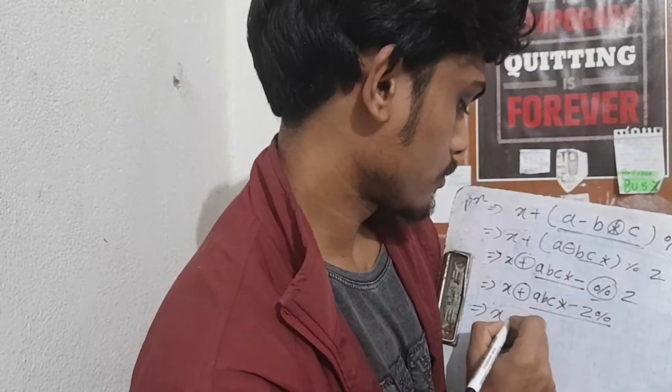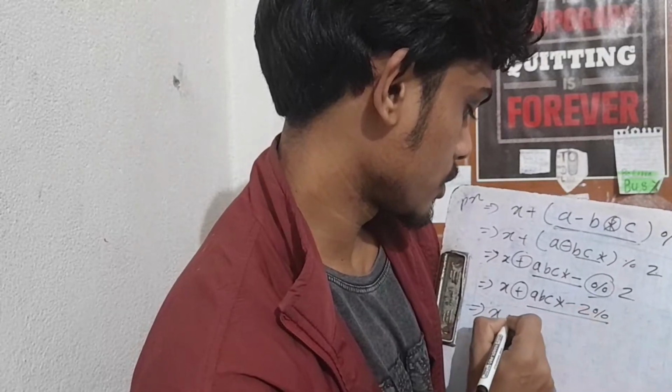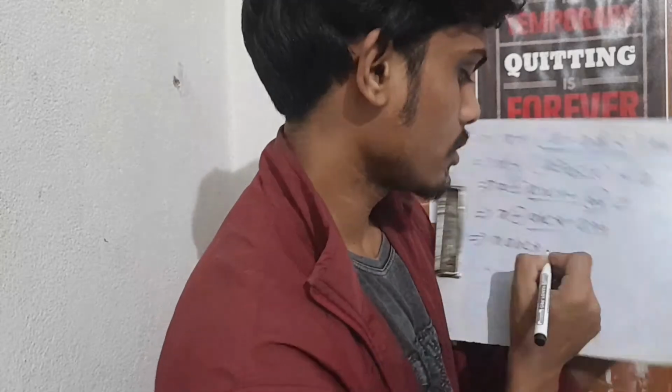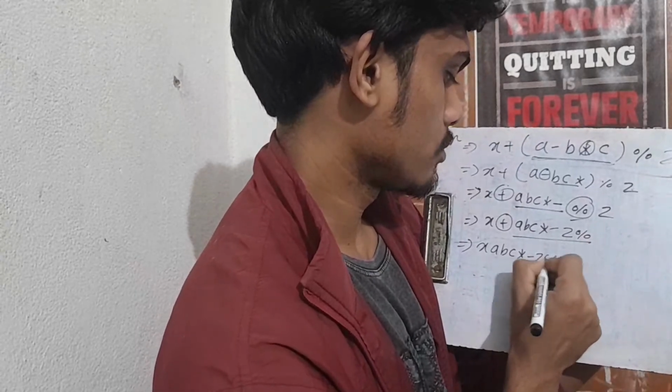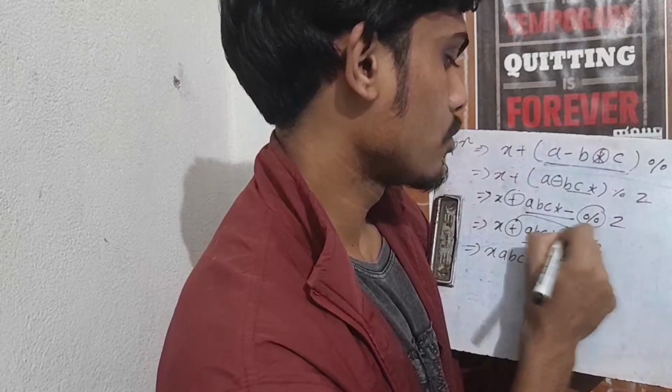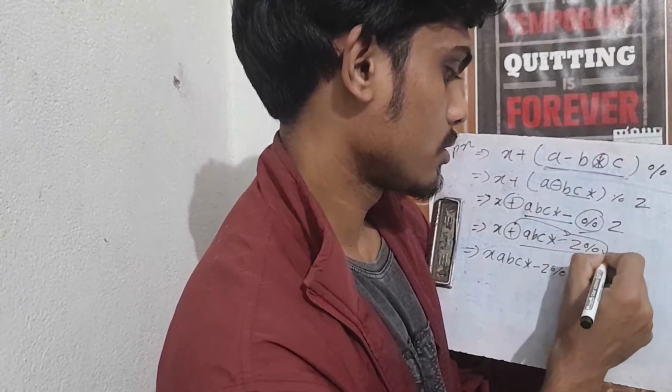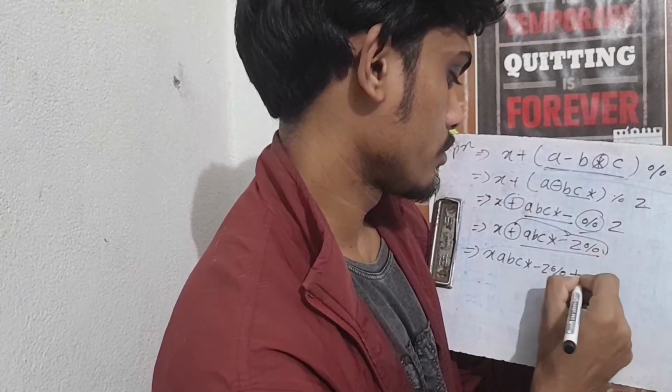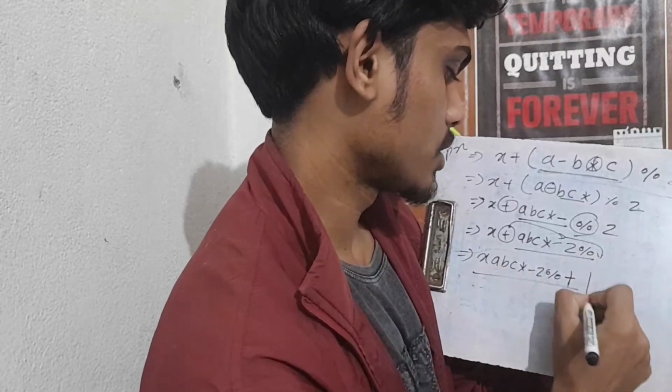So x, this expression, modular minus z modular, and this will be placed on the side here. So this will be the final expression. This is called the postfix, and we discussed this thing in class.